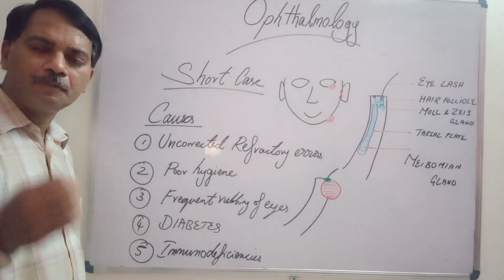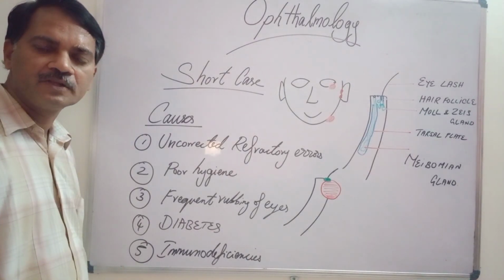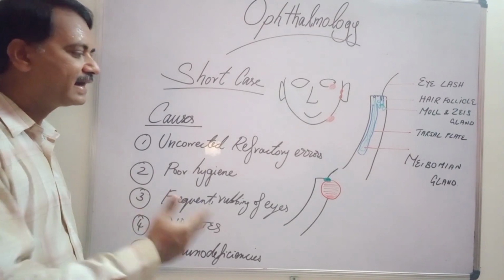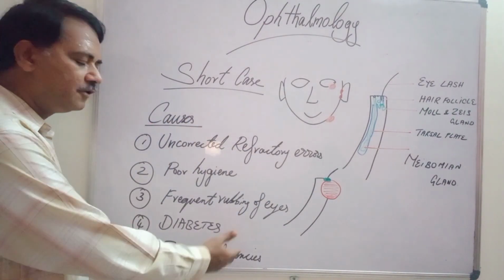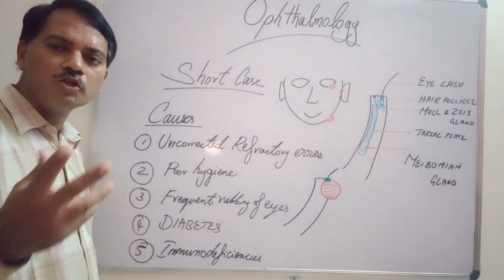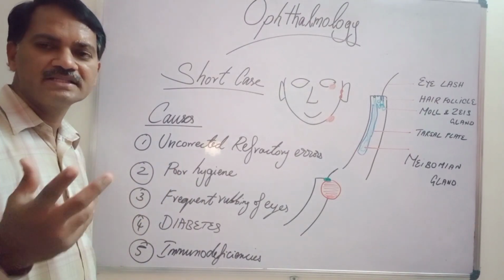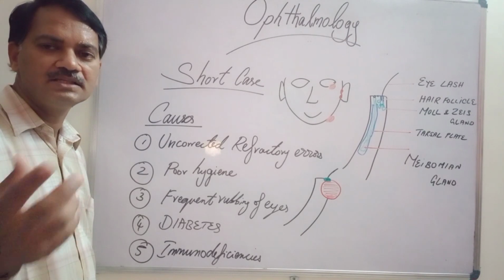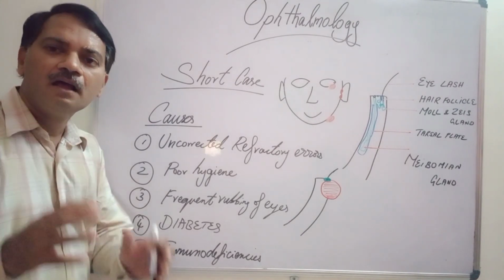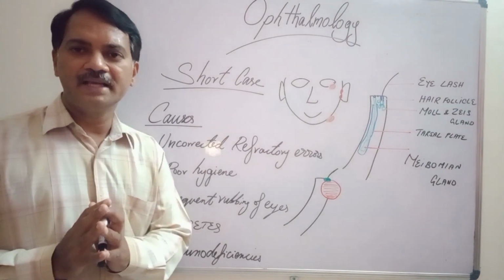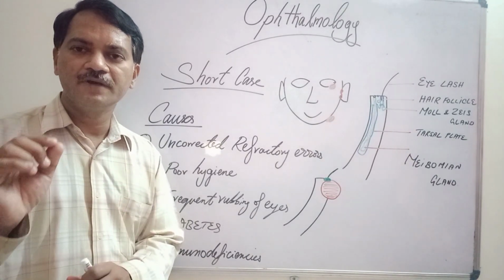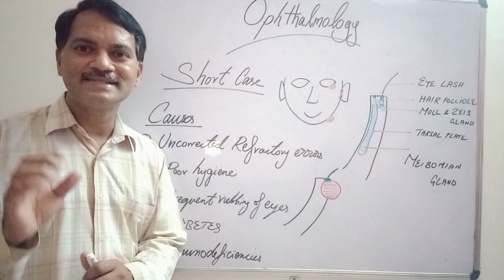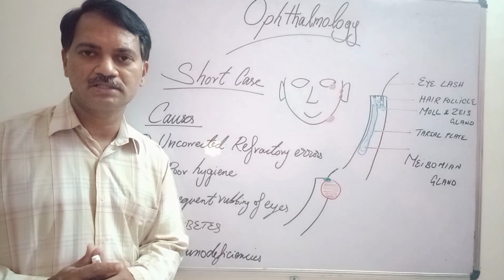Diabetic people are prone to infections, so they are likely to get recurrent swellings in the lid margins. Immunodeficiency diseases also can lead to these kinds of infections and swellings in the eyelid. This hordeolum externum is caused by an infection called Staphylococcus aureus.